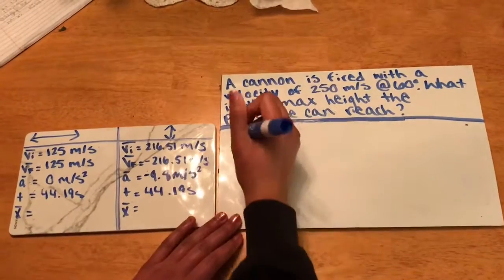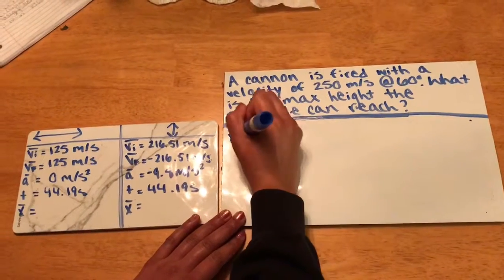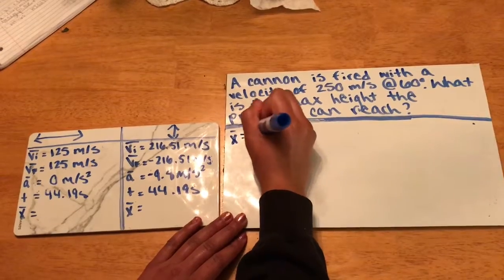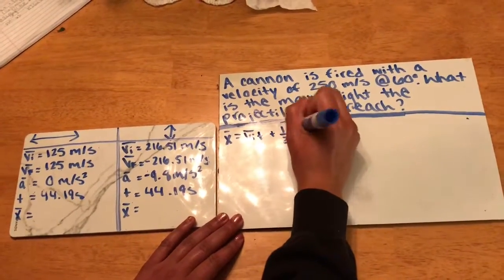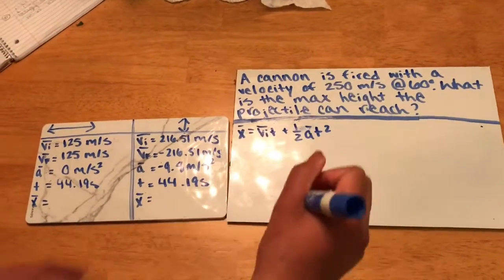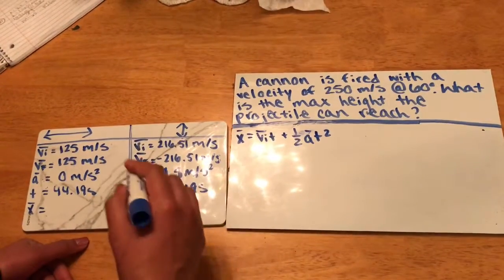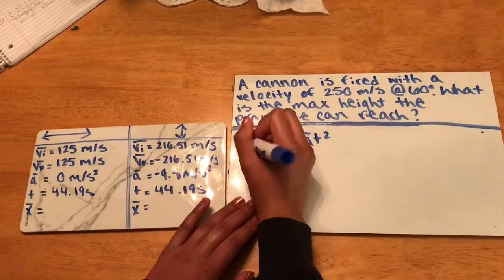Our displacement equation is displacement equals initial velocity times time plus half acceleration time squared. And now that we have these, we can start substituting values in.